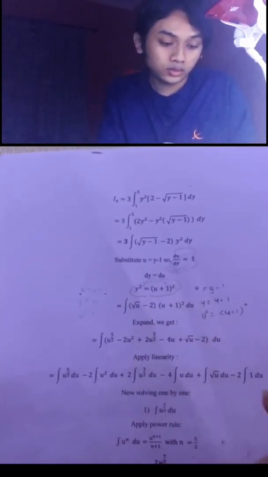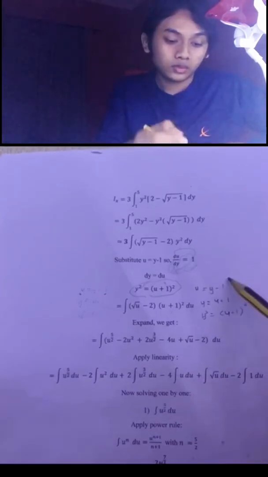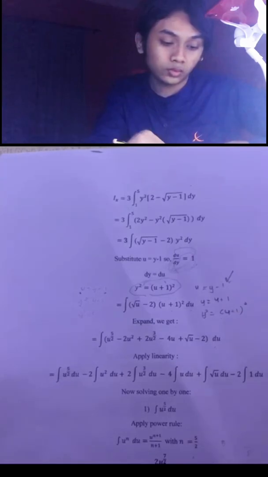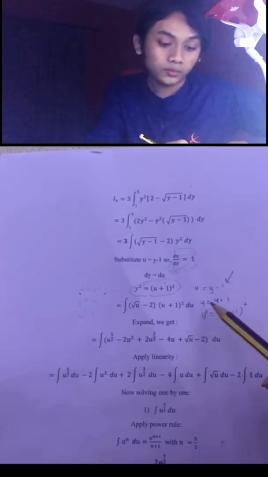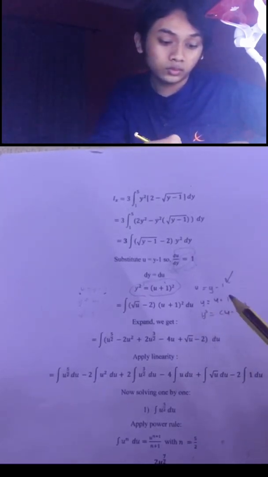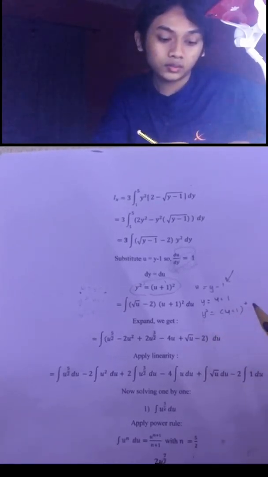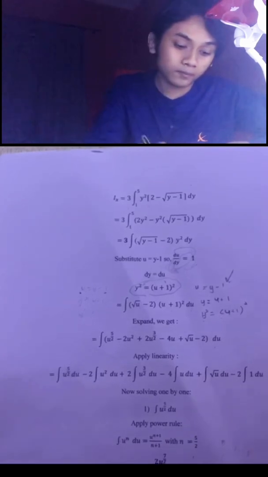We get this from u equal to y minus 1 and y equal to u plus 1. So y square is equal to u plus 1 square.